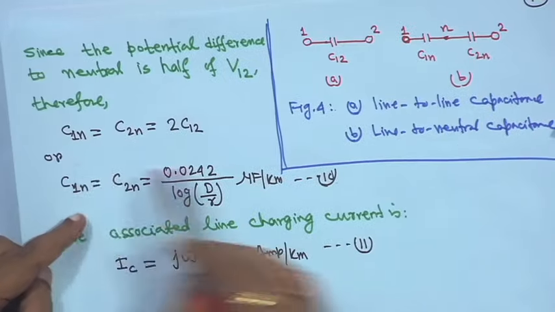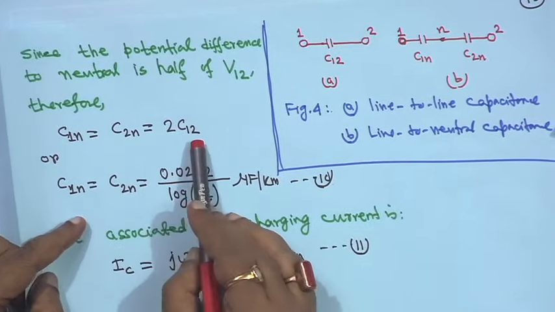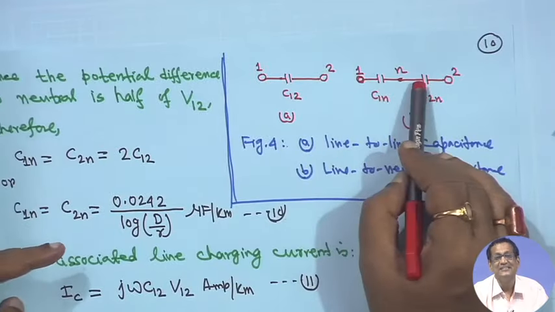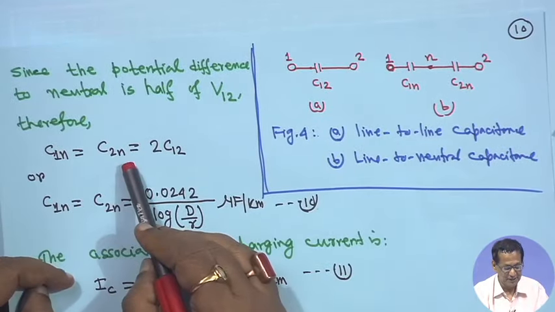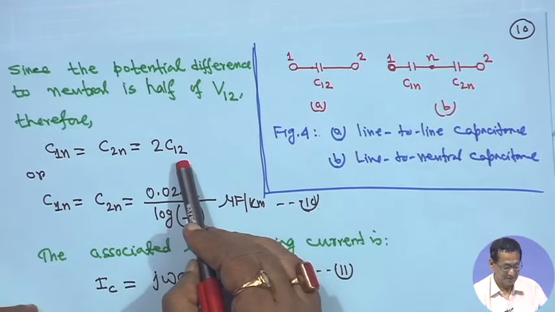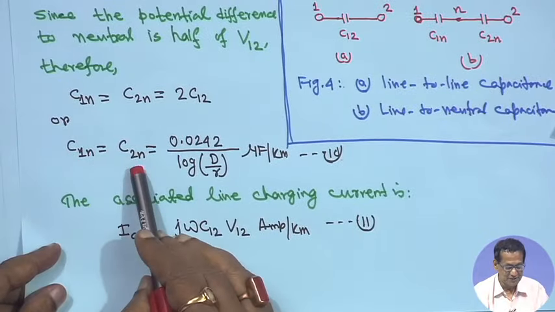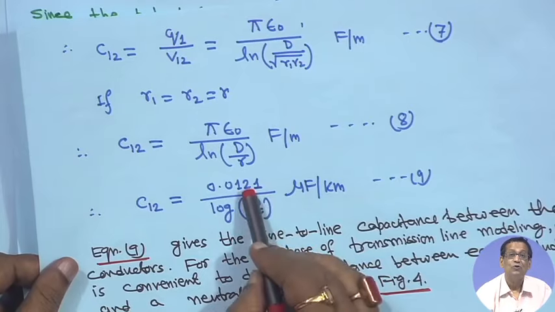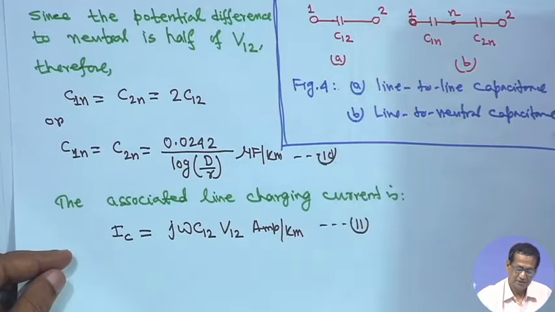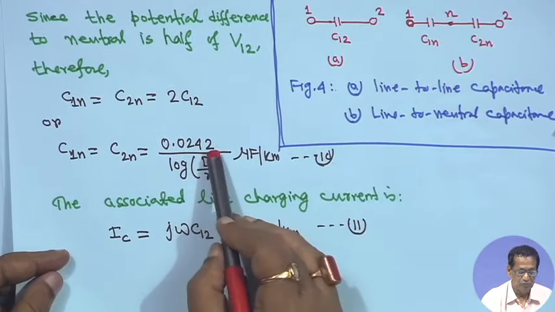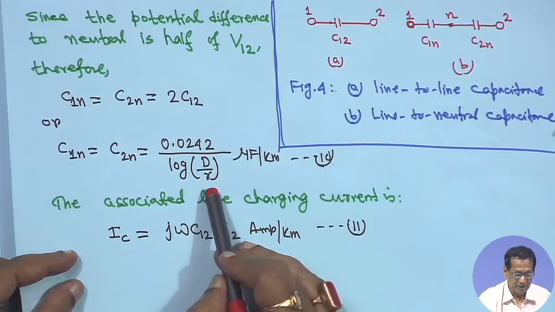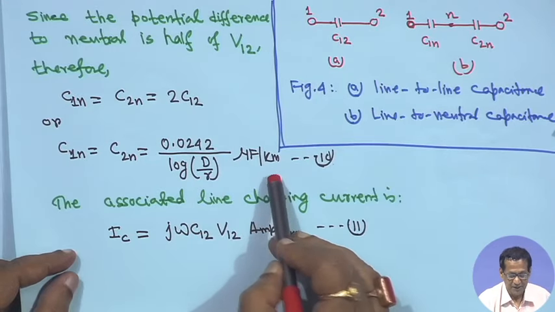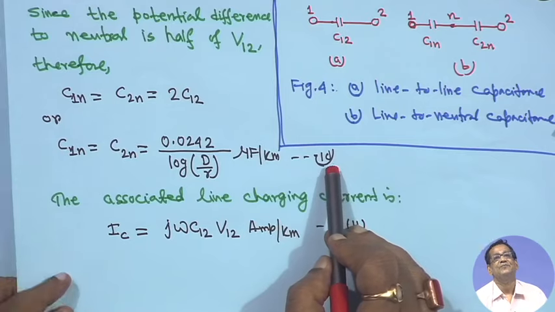Therefore, C1n is equal to C2n is equal to 2 C12 because they are in series. That means it will be 0.0242 divided by log d by r microfarad per kilometer. This is equation 10.